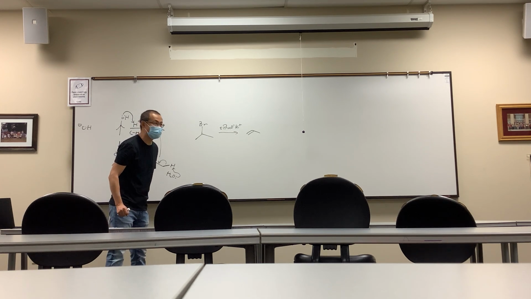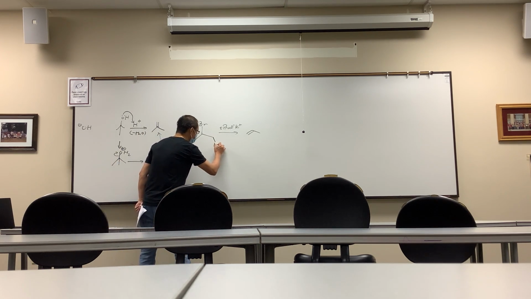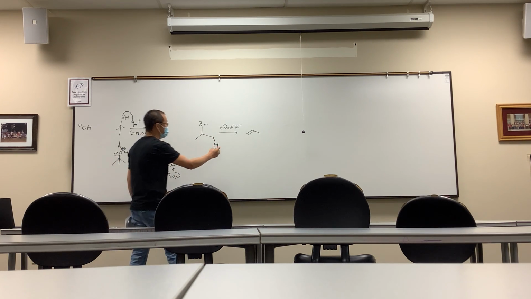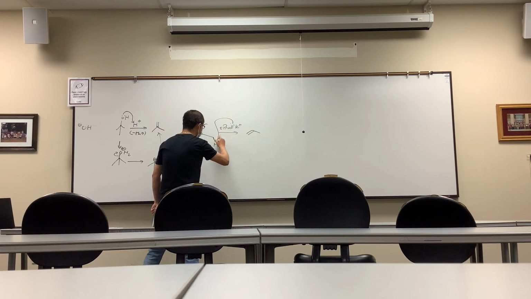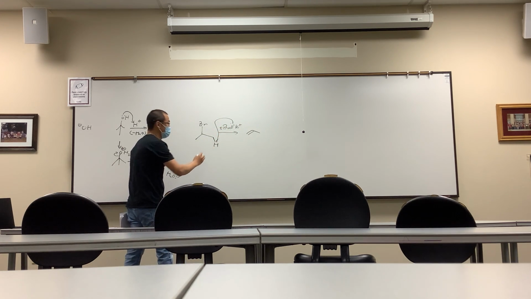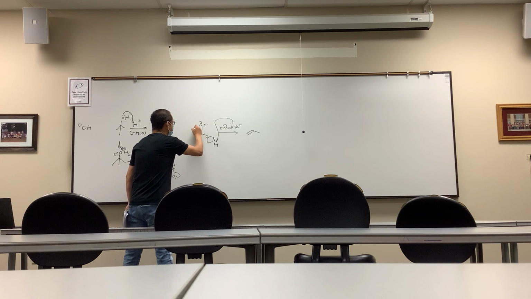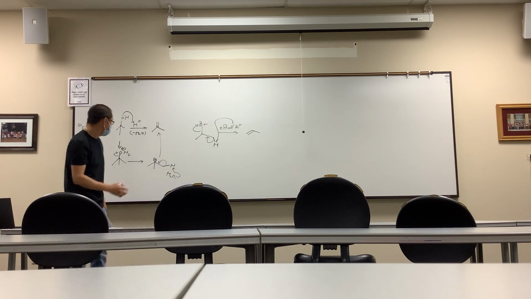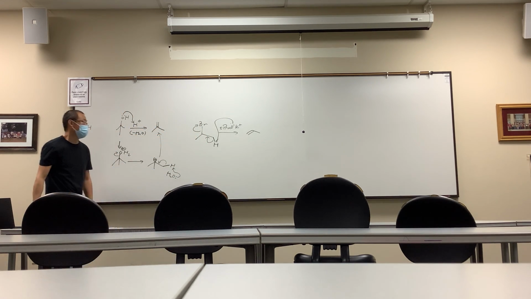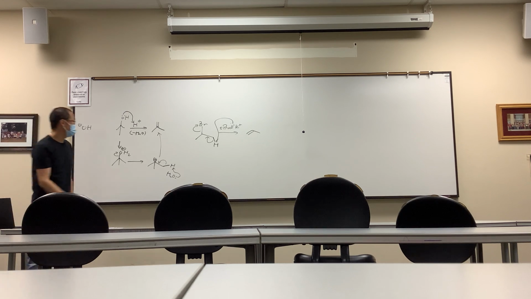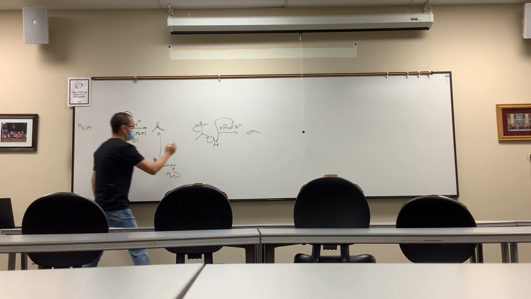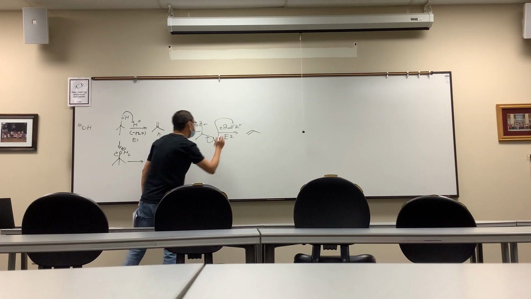If it's E2, how many steps, guys? One single step. So you draw the hydrogen on the beta. The base takes the proton, makes the double bond, leaving the leaving group. Done. I don't even need to draw anything. This is done, 3 arrows. This is E2. Okay, the previous one was E1, and that's E2.